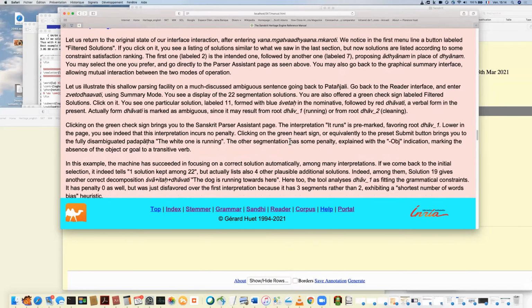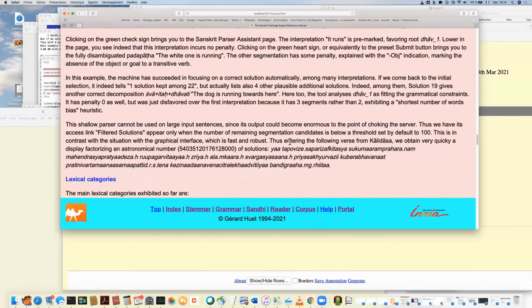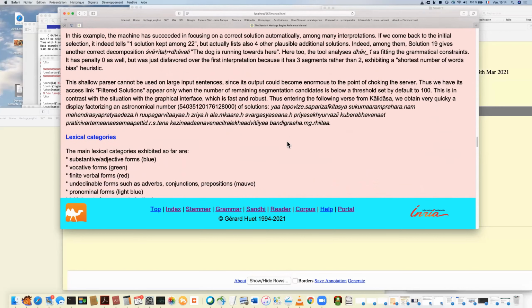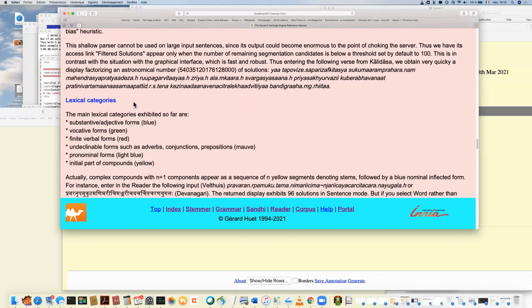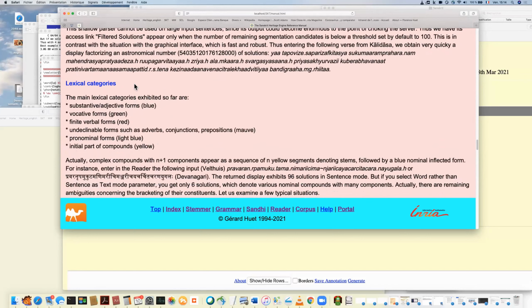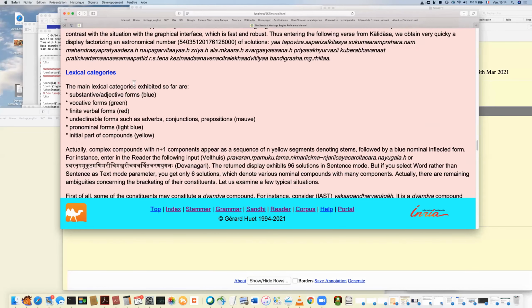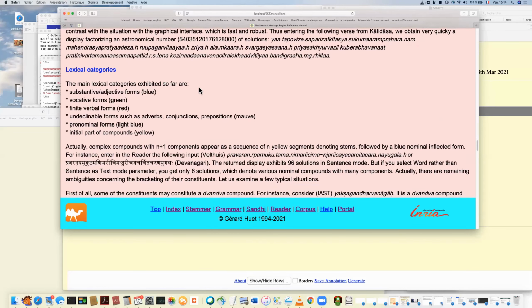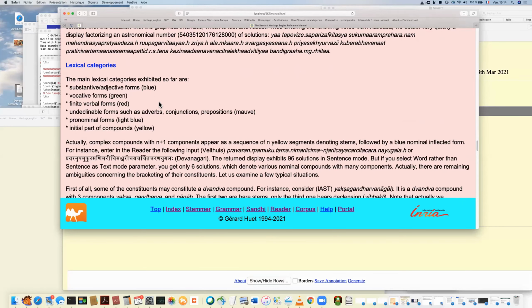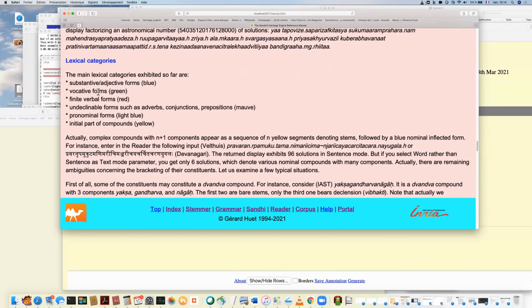Here you have lexical categories. So in the manual you have some indications here. The main lexical categories exhibited so far are substantive and adjective forms, blue, subanta. Vocative forms are green, sambodhana.